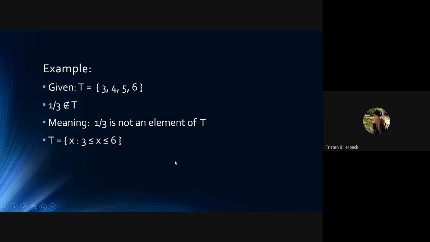But if it's all of those numbers, then it's all the possibilities between 3 and 6, including 3 and 6. Or we could have written T is the set of x such that x is greater than or equal to 3 and less than or equal to 6. So either of these say the same thing, okay? This is just a different way of saying such that.